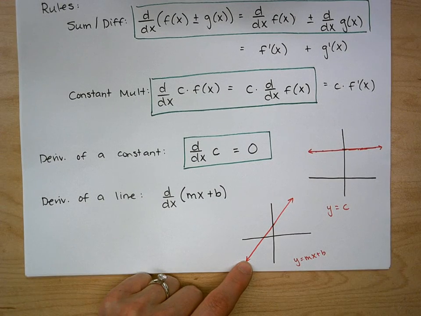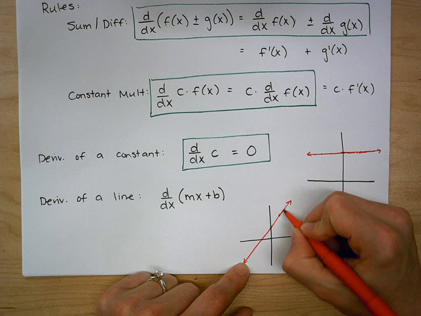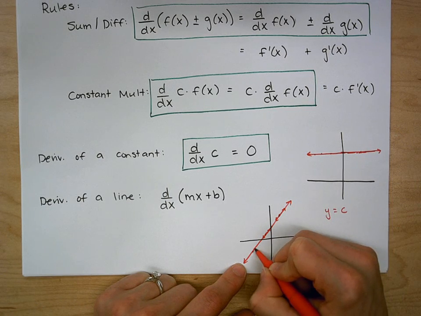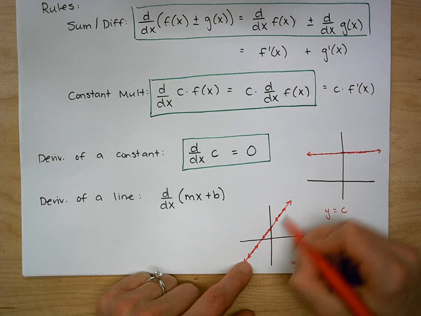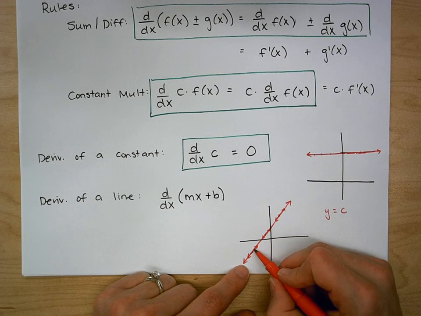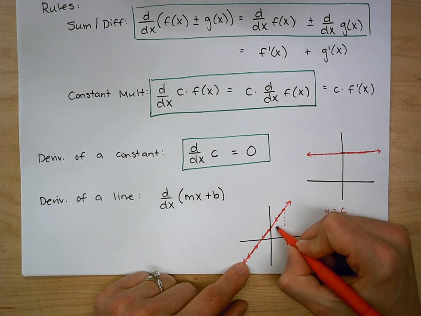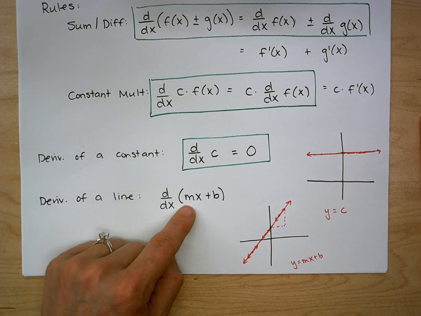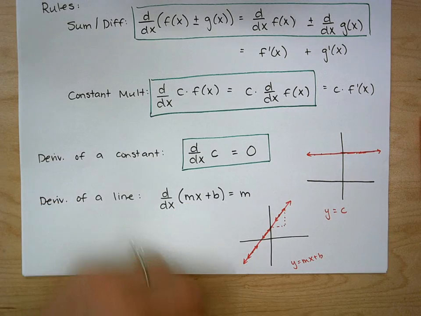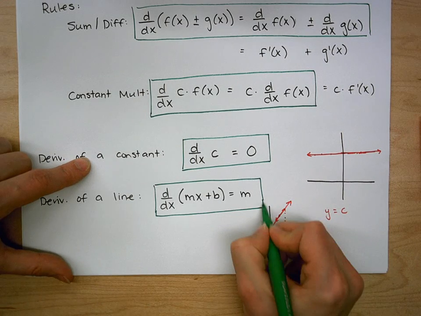If I pick any point along here and draw the tangent line, think about what the slope of that tangent line is. Well, of course the tangent line is the same as the line itself. So the slope of the tangent line is the exact same as just whatever the slope of the line is to begin with. Now the slope of the line is m, based on our equation. So the derivative of a line is just the same as whatever the slope of the line is.